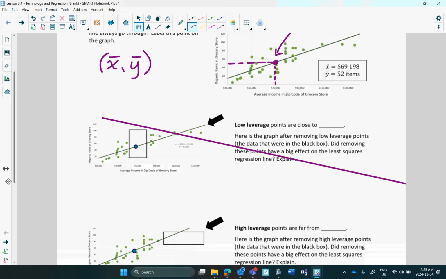So there are points on the scatter plot that have a certain influence on the line. First of all, we're going to talk about leverage points. Leverage points tell us how close data values are to the mean of the x's.